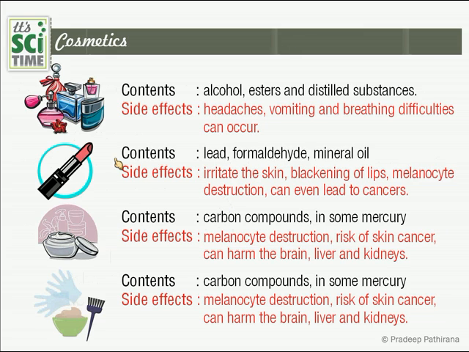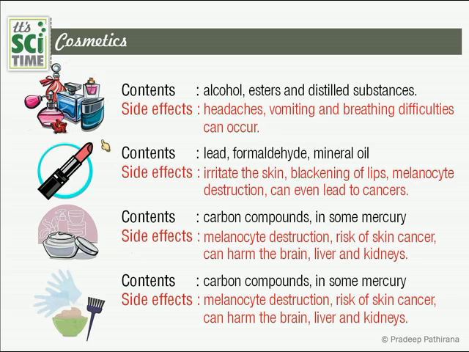Next chapter, cosmetics. Four types of cosmetics are shown here. Let's see them. First one, it's perfume types, and second one, lipsticks. Third one, kinds of lotions and creams. Fourth one, hair dyes or hair colorings.